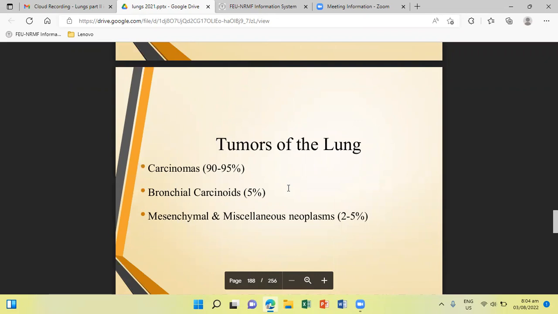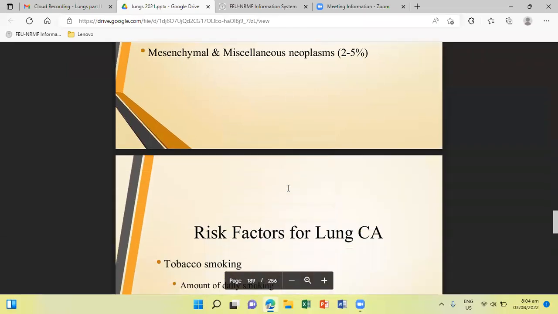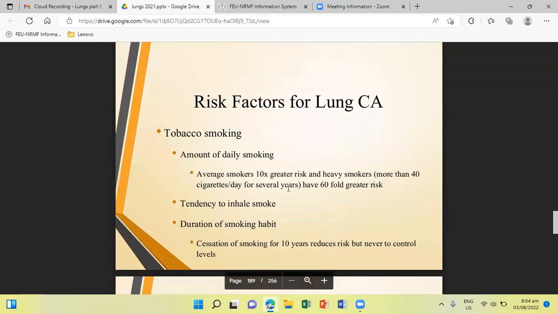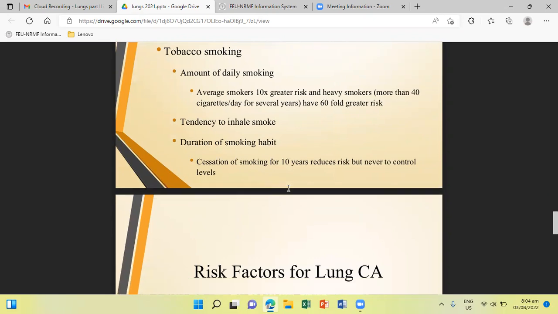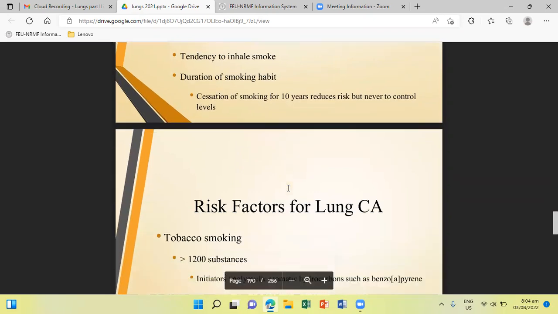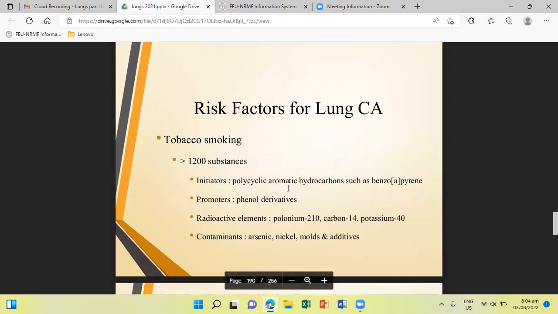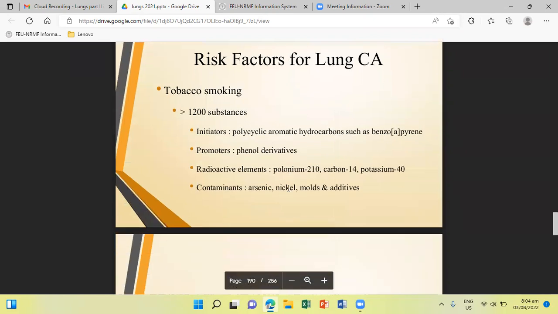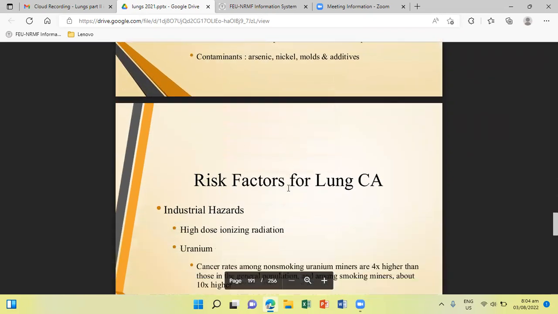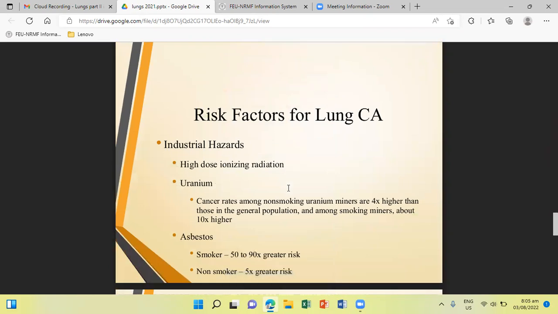Now, there are different risk factors for lung cancer. When I was discussing pneumoconiosis, we somewhat touched on tobacco smoking and industrial hazards. Tobacco smoking and industrial hazards, for example, asbestos, which we have tackled.